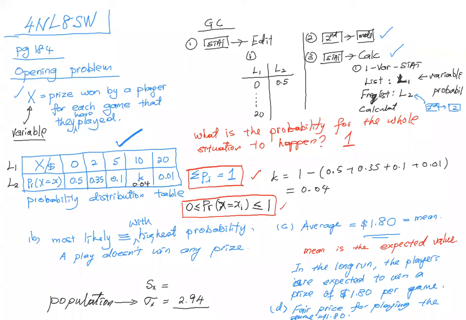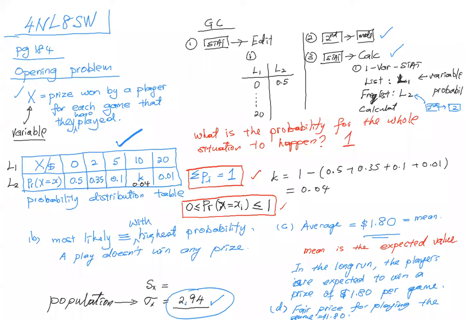From now onward, you should be able to do all the rest of exercise A, B, C. Even D also, because I taught you how to talk about variance and the meaning of standard deviation. When the standard deviation is 2.94, that means the price that you gain can deviate by this amount.